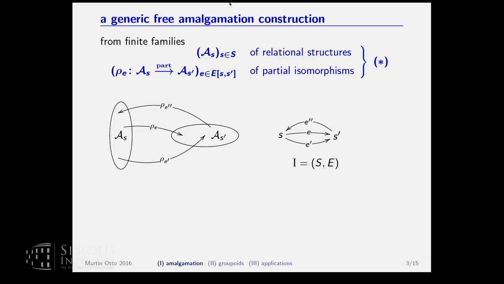The specification that you have is a family of relational structures and a family of pairings between them that are partial pairings that tell you how a certain structure of type A_s, say, wants to be identified partially according to some row e with a region in some structure of type A_s' for some other s'.